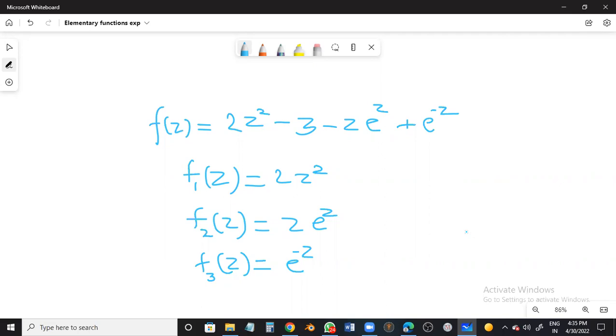So if this happens, we say that function is differentiable at that point, and we are not fixing our z. This is any z, any complex number. So we get the result for every point in the complex plane. Got it?